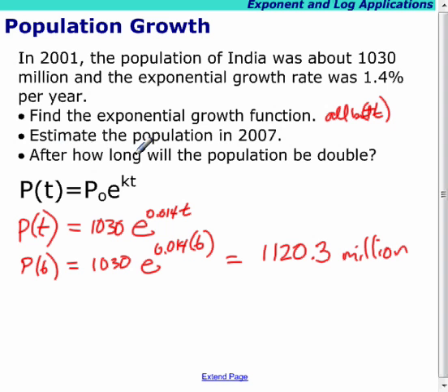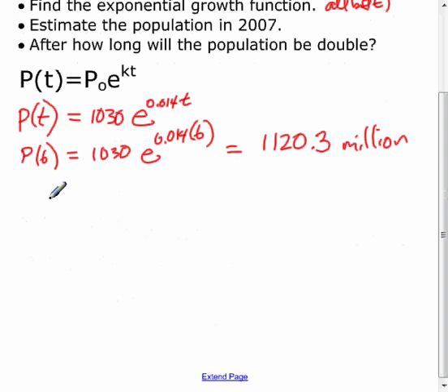Now the last question says, after how long will the population be double? Well, if I'm starting at 1030, to double that would be 2060. But notice what happens in the formula when you're solving it: the population after a given time is equal to how much you started with times e to the kt.